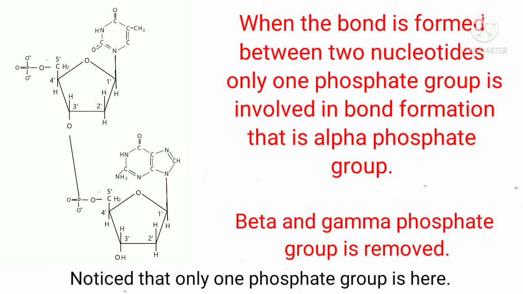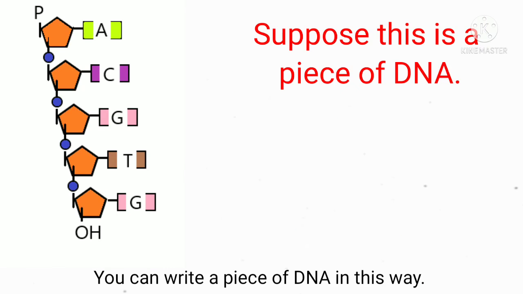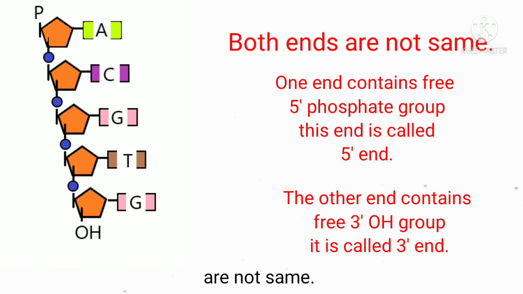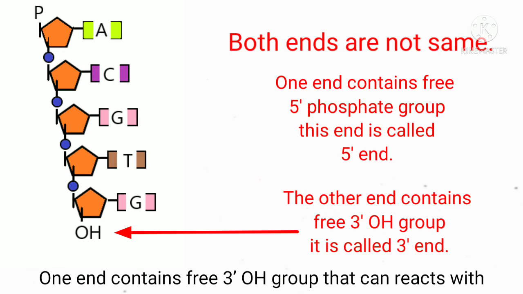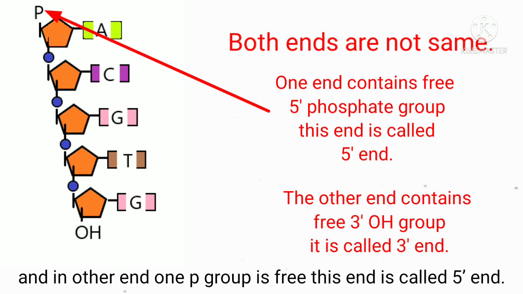Notice that only one phosphate group is here. You can write a piece of DNA in this way. Do you notice that both ends of the DNA strand are not the same? One end contains a free 3' hydroxyl group that can react with other nucleotides. This end is called the 3' end, and in the other end one phosphate group is free. This end is called the 5' end.